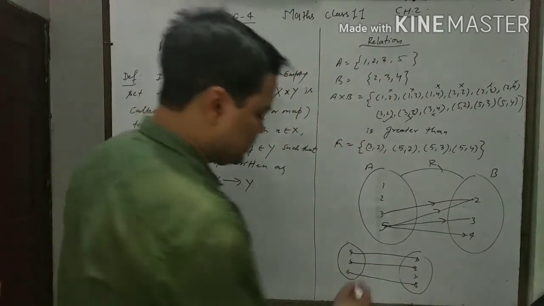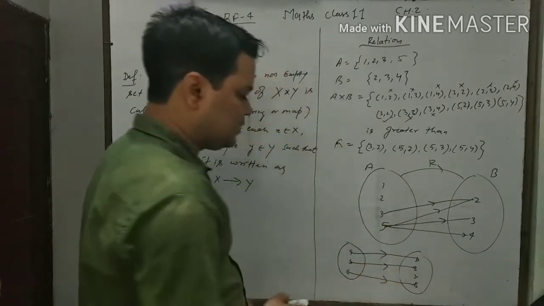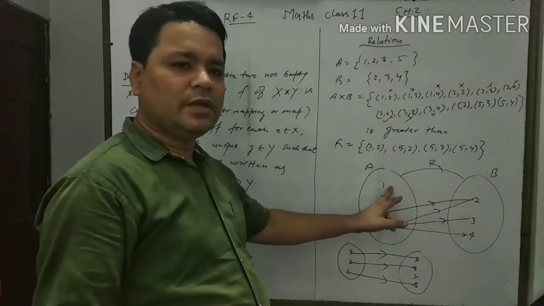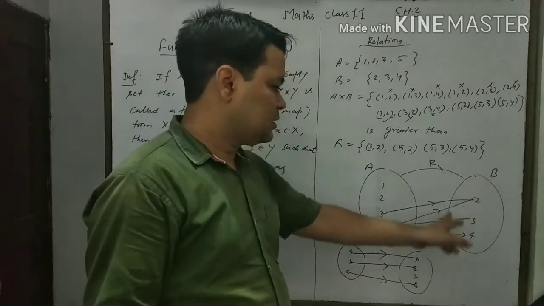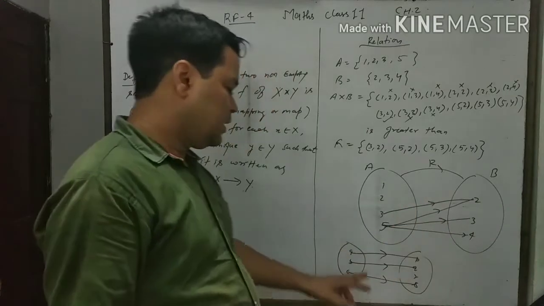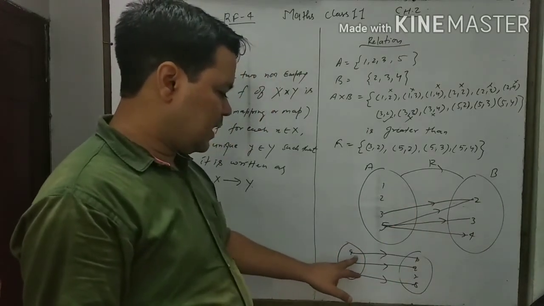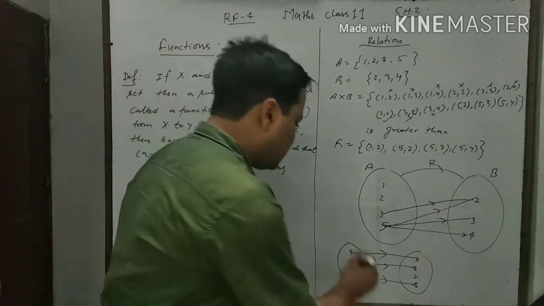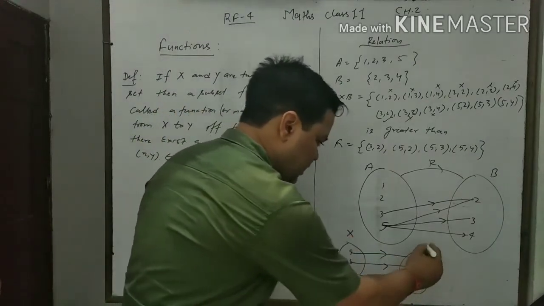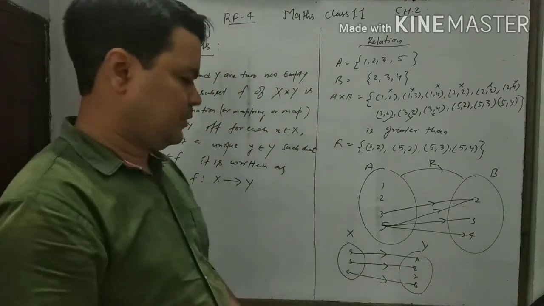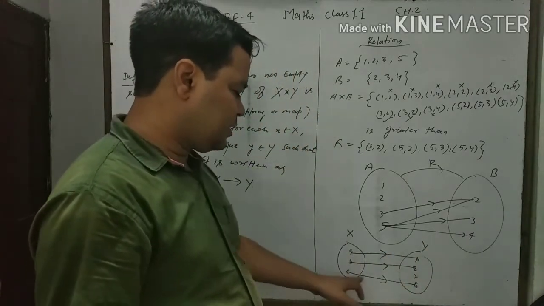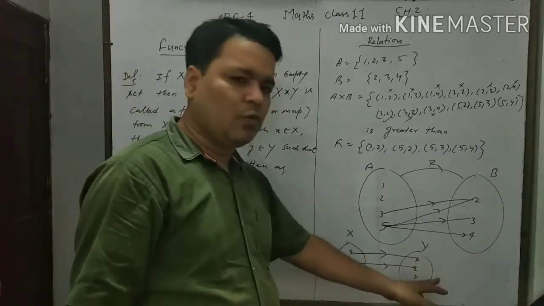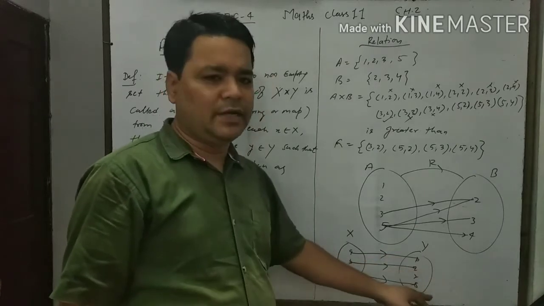What is the difference between this and this relation? Here there are some elements in set A which are not related to set B. But here each element of set A is related to set B. I relate set X and here set Y. It means each element of set X is related to a unique element of set Y. This is also a relation.